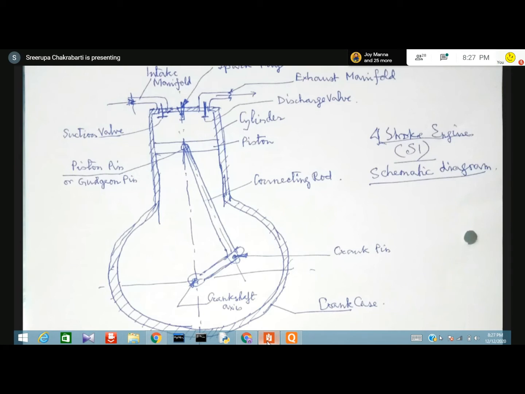That means the piston reciprocation, downward movement and upward movement, one pair of movements, one movement downward, one movement upward, that constitutes 2 strokes, because the piston is moving from one extreme position to another extreme position.